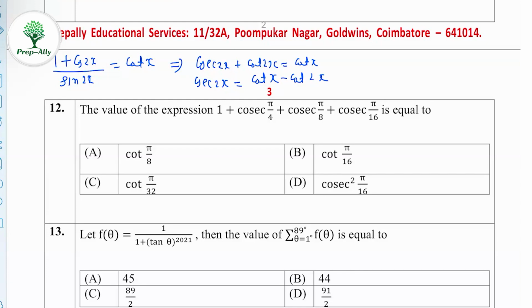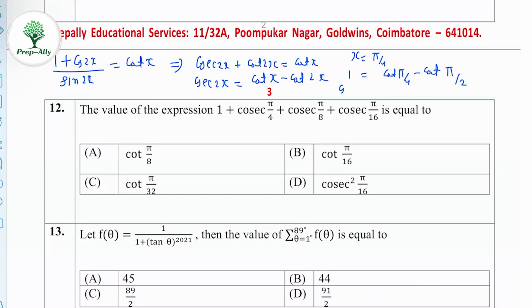Now substitute x is equal to, not pi by 2, substitute pi by 4. When I substitute x is equal to pi by 4, what will you get? Cosecant pi by 2, 1, is cot pi by 4 minus cot pi by 2. In the same way, put x is equal to pi by 8.